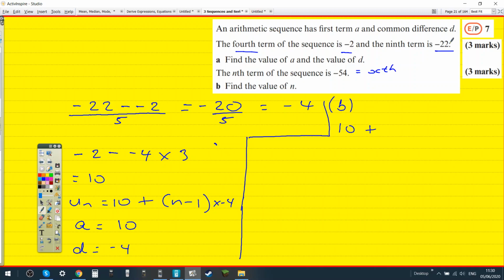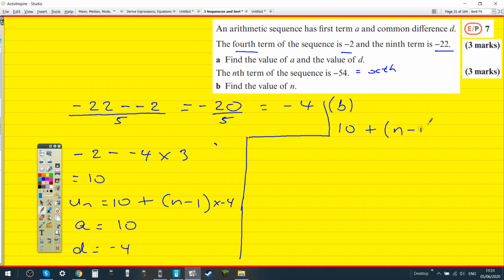If you were to sub 9 for n, you would get minus 22. We want to know what term you'd sub in for n and get minus 54. Oh, right. So would I just do minus 54 equals 10 plus n minus 1 times minus 4 and put it into my calculator? Yep, great.